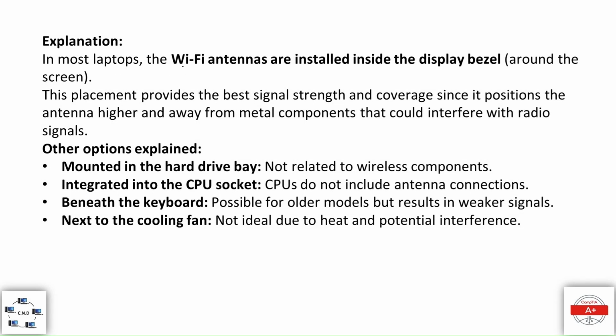So in most laptops, the Wi-Fi antennas are installed inside the display bezel around the screen. This placement provides the best signal strength and coverage since it positions the antenna higher and away from metal components that could interfere with radio signal. Other options are explained.